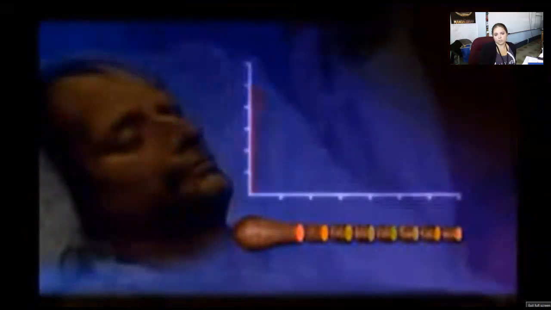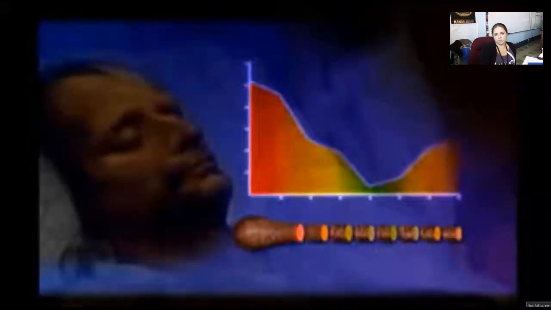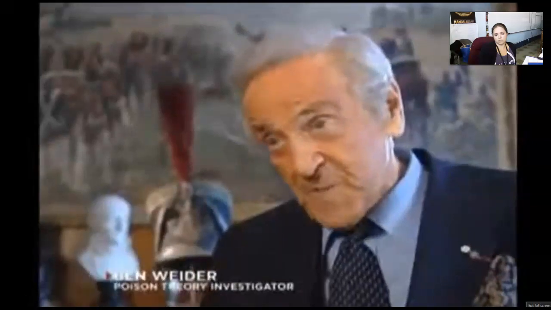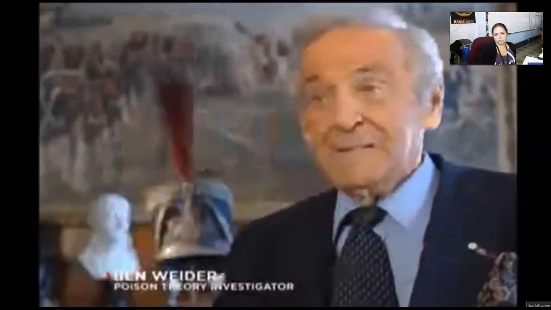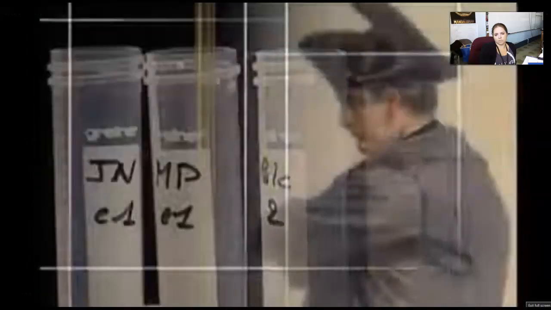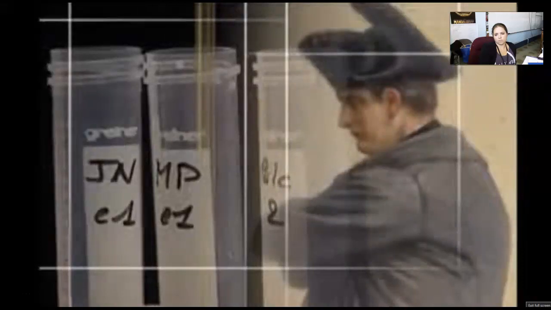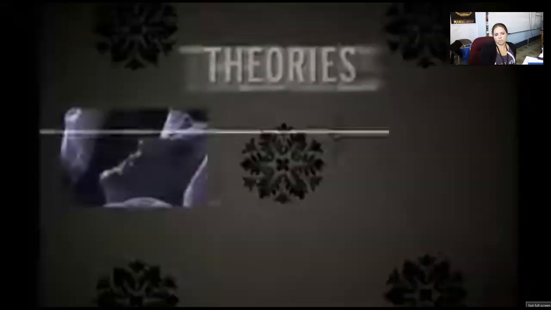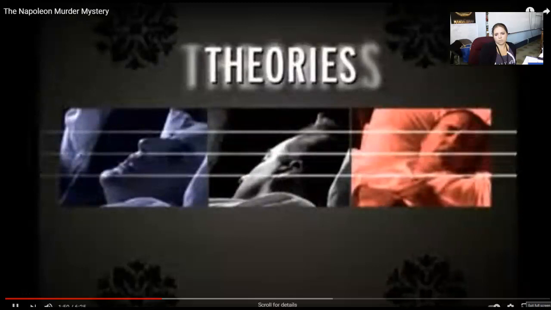The results showed that the levels of arsenic rose and fell as the hair grows. No one has been able to say conclusively how the arsenic got there. Many theories have been proposed.